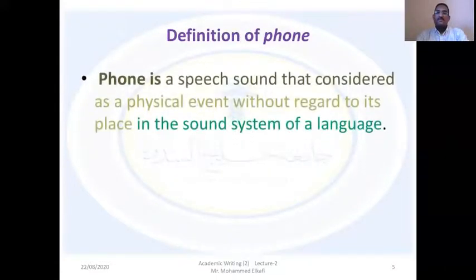We have some other definitions, which are about phone and phoneme. A phone is a speech sound considered as a physical event without regard to its place in the sound system of a language.